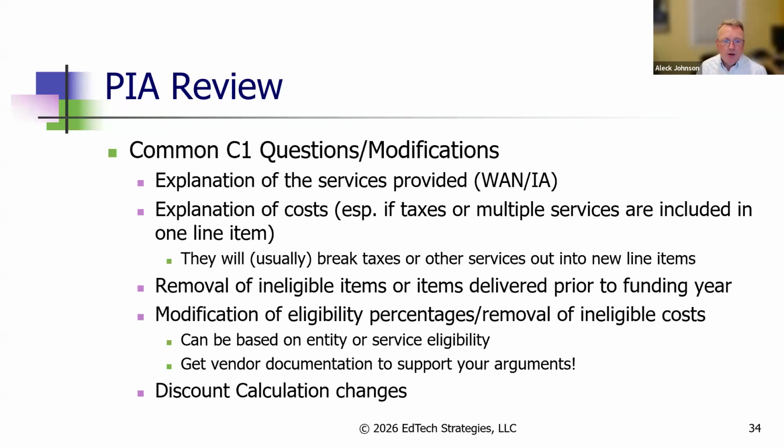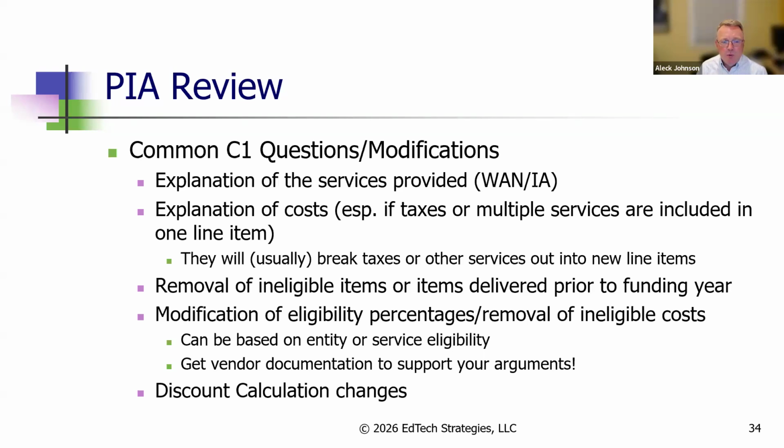They will also attempt to remove any ineligible services or items, as well as any items that may have been delivered prior to the start of the funding year. So if you have included ineligible items or costs in your Category 1 application, they'll try and remove that. They also, as we mentioned before, will modify the eligibility percentages associated with your services or remove anything that they believe to be ineligible that you may not have realized was.